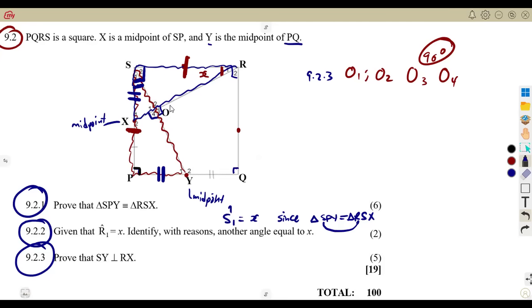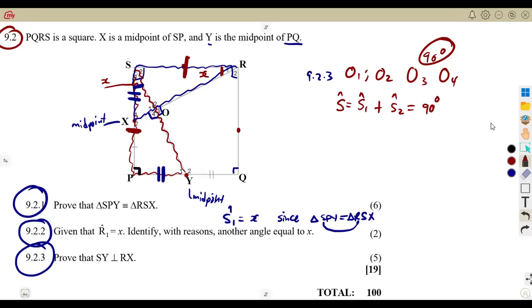Remember, we can relate in terms of angle S because we are given something about S. Here we said S1 is X. So if S1 is X and the whole angle S, which is the sum of angle S1 and S2, is equal to 90 degrees.